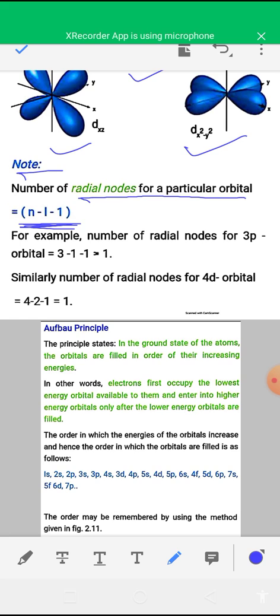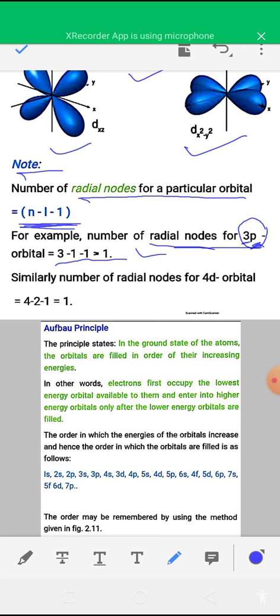For example, for the 3p orbital, what will be the total number of radial nodes? For 3p orbitals, the value of principal quantum number n is 3, and for p orbital, the value of azimuthal quantum number l is 1. So for 3p orbitals, the total number of radial nodes is 3 minus 1 minus 1, that is 1.